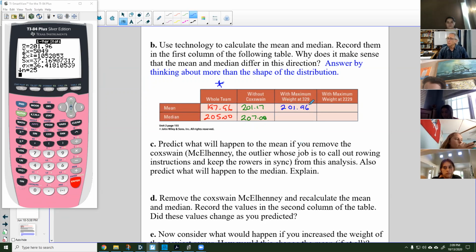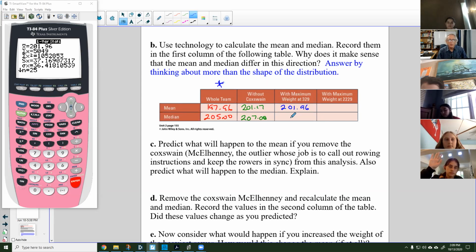What's going to happen to the median? Would the median go up as well? So how many people think the median is going to go up? How many people think the median is going to go down? How many people don't know? How many people think the median is going to stay the same? I think that's the right answer.